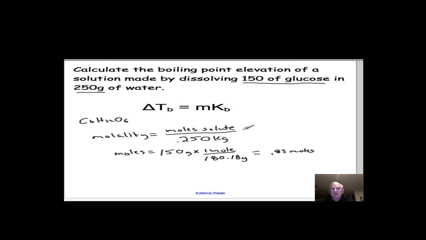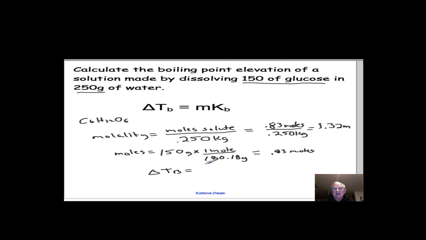So now we'll come back to our equation and we'll put in the 0.83 moles of the glucose divided by the 0.250 kilograms of the water, and we end up with a molality of 3.32.